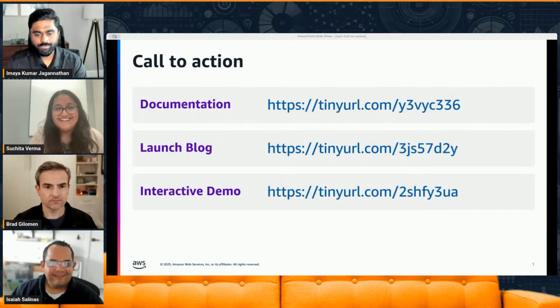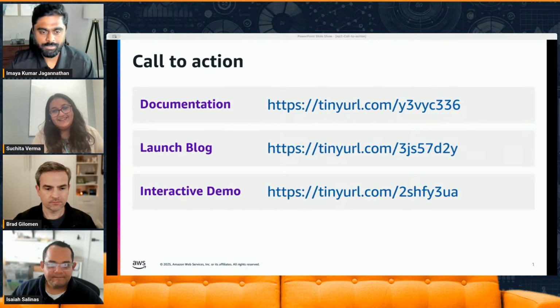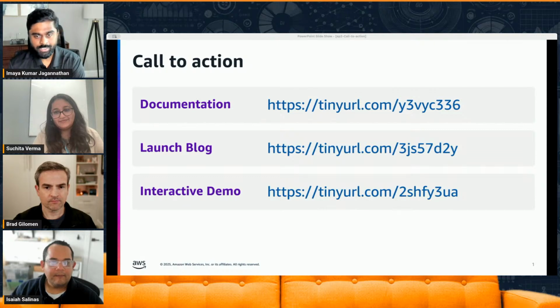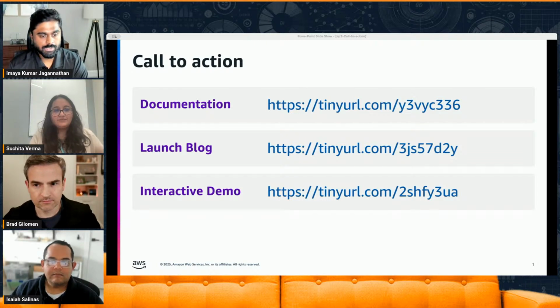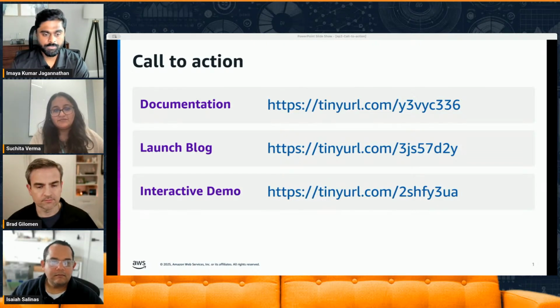And here we have put together some stuff. So first, obviously, the documentation, and try to create tiny URLs, so take a screenshot if that works for you, and look at the launch blog that covers some specific details about the feature.